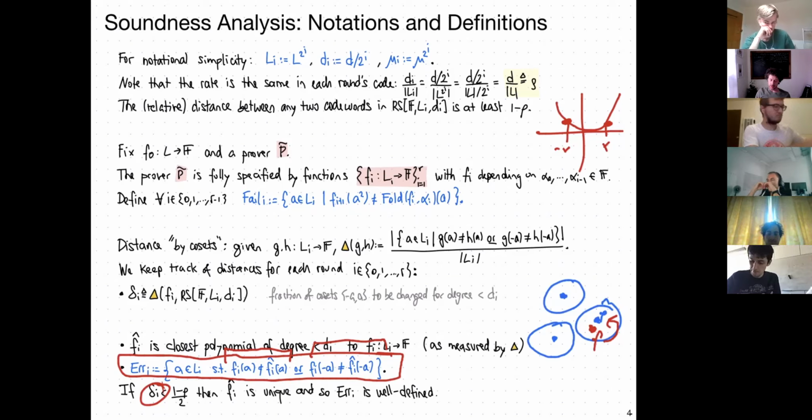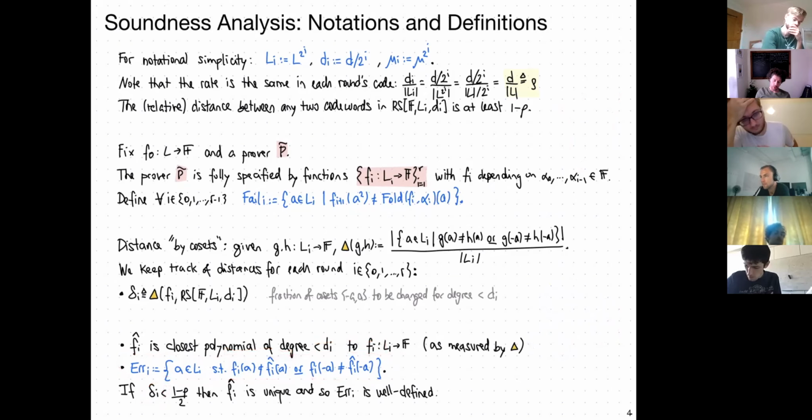Essentially all this means is that if delta i is smaller than the unique decoding radius, then there is only one low degree polynomial to which we are closest, and in this case it makes sense to write this f hat. If the distance in the iteration is greater than that, then we might be equally close to two different codewords, and then this is ill-defined. So we'll only use this f hat when we are within the unique decoding radius.